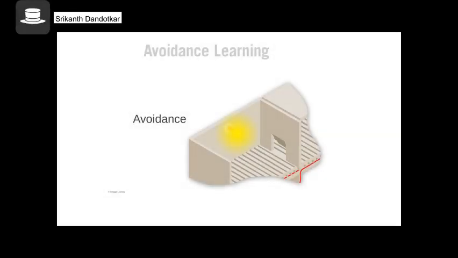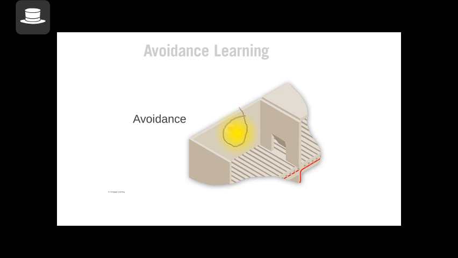If escape learning is learning to escape an aversive stimulus, avoidance learning is learning to avoid an aversive stimulus. In a laboratory demonstration, avoidance behavior is conditioned by presenting a non-aversive stimulus, usually a light or bell, that signals that the aversive stimulus, for instance electric shock, will follow in a few seconds.